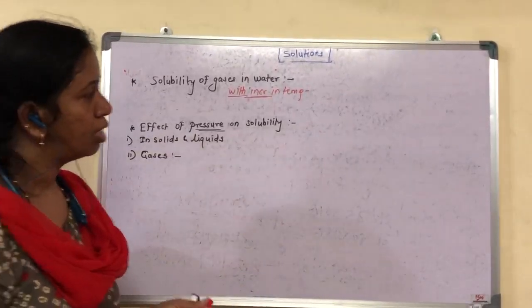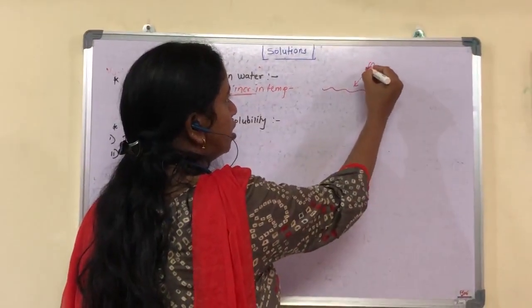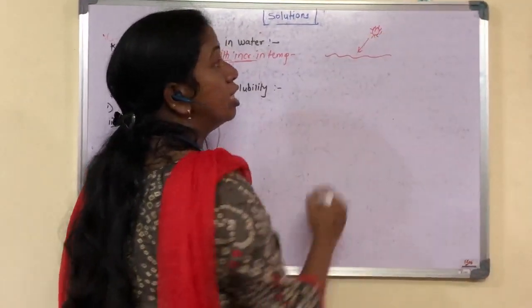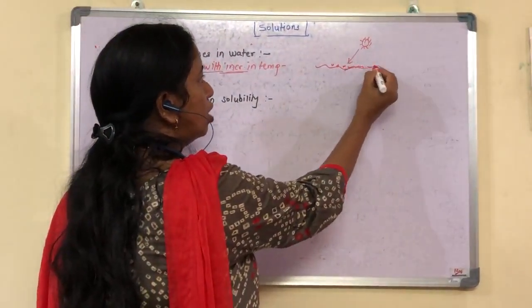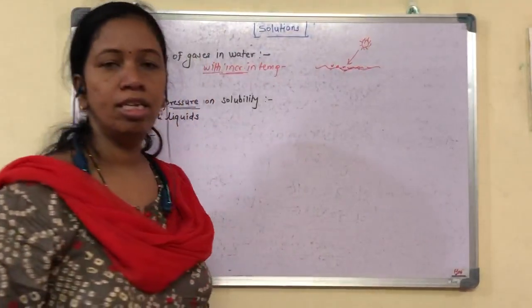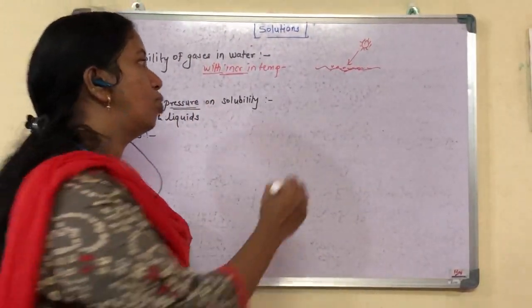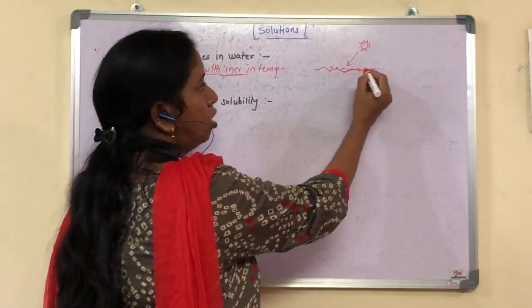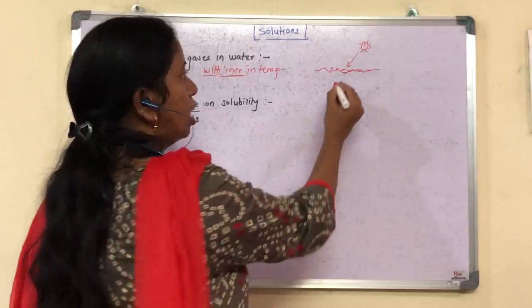Now consider the example of marine water or sea water, in which the surface is heated by sun rays. Dissolved gases are present in the seawater, due to which aquatic life exists. These dissolved gas molecules are helpful for marine life.